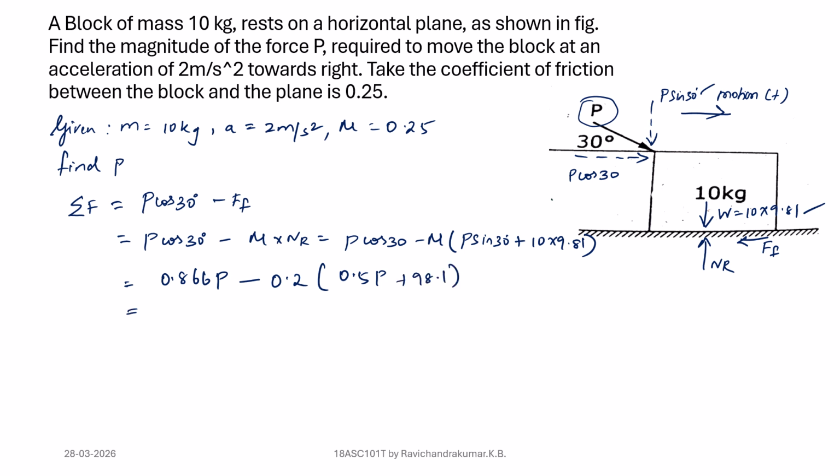Further simplifying this, we get 0.741 P minus 24.525. So this is the summation of force which is arrived at.